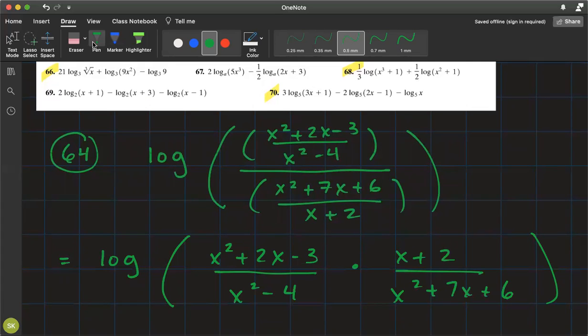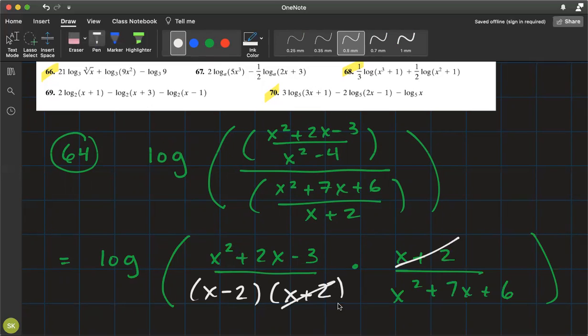So what I'm going to do from this stage is see if I can factor some stuff. Like the bottom here, this is the difference of squares. It's the same thing as x minus 2 times x plus 2. And look, just by doing that, I can get rid of this top one and this bottom one. What about this guy right here? Is that factorable? So you have a -3. I think it factors into x plus 3, x minus 1.